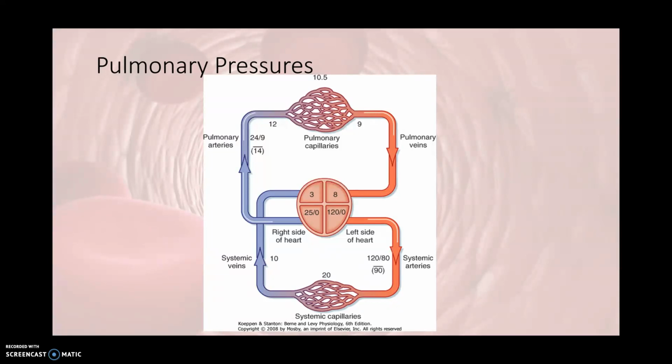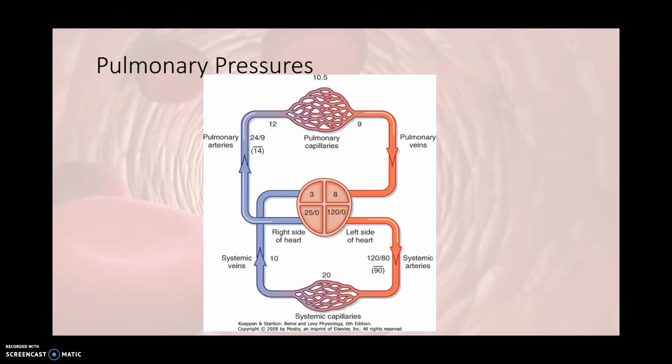The blood is pumped into the pulmonary arteries, where the average pressure is about 15. The pulmonary capillaries are about 10.5 millimeters of mercury and the pulmonary veins 9. This brings us to the left side of the heart, where the left atrium is 8 millimeters of mercury, and then the blood is ejected systemically at 120 millimeters of mercury.